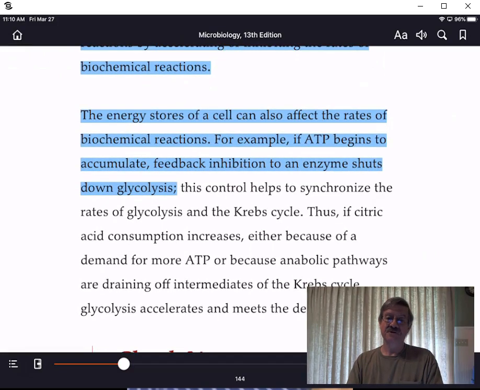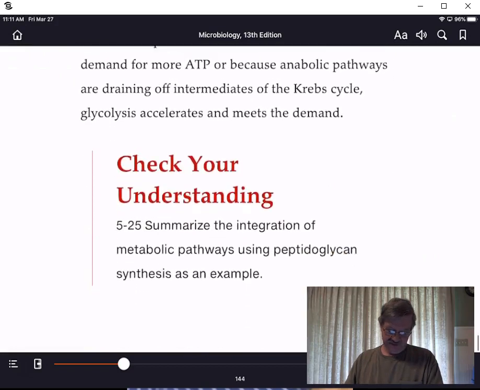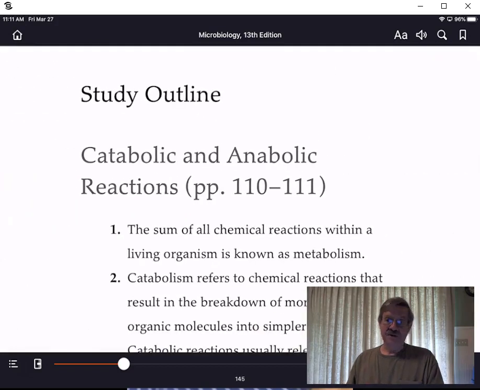Feedback inhibition is just a fantastic mechanism that we see in all organisms, that as the end product begins to accumulate, feedback inhibition shuts down the metabolic pathway that's making that end product. And they give the example there with ATP. If the ATP starts to accumulate, then the feedback inhibition shuts down the process of glycolysis. Okay, that finally gets us to the end of chapter 5.